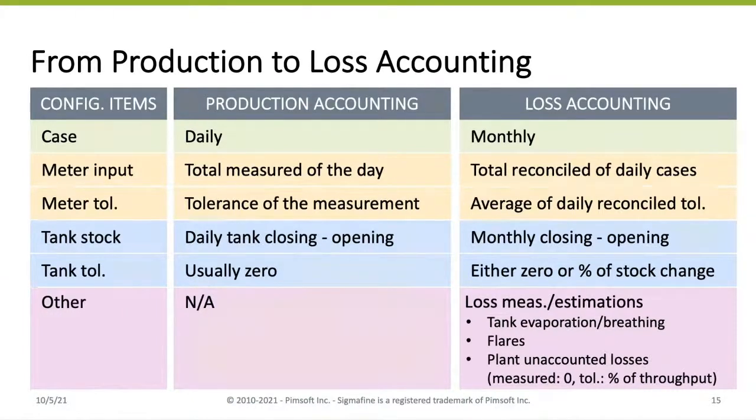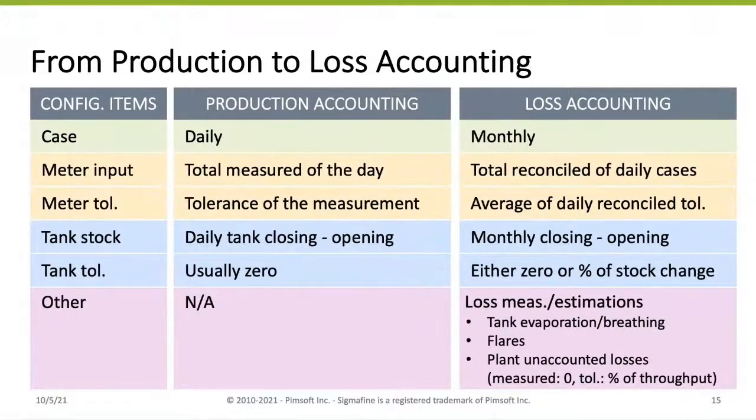We need to feed the new monthly case based on the daily cases which were previously run for a production accounting. So we need to aggregate original reconciled daily case values into an overall monthly data. The same aggregation needs to be done with tolerances.